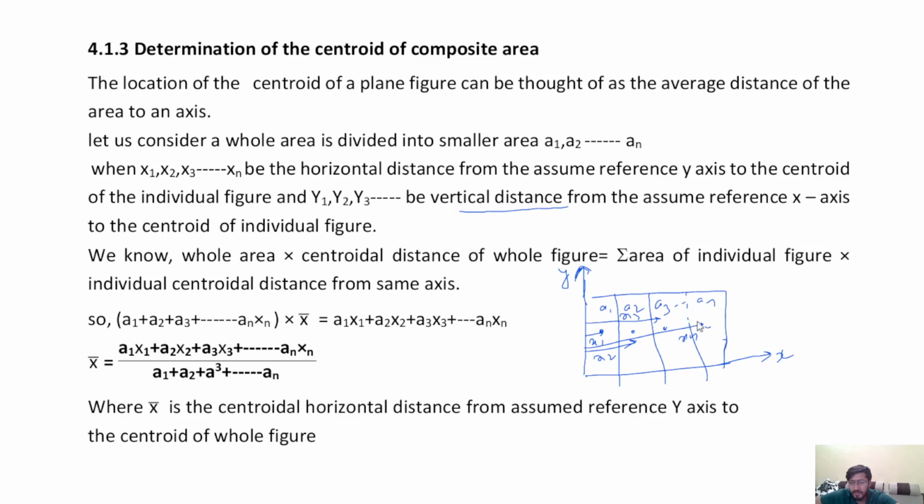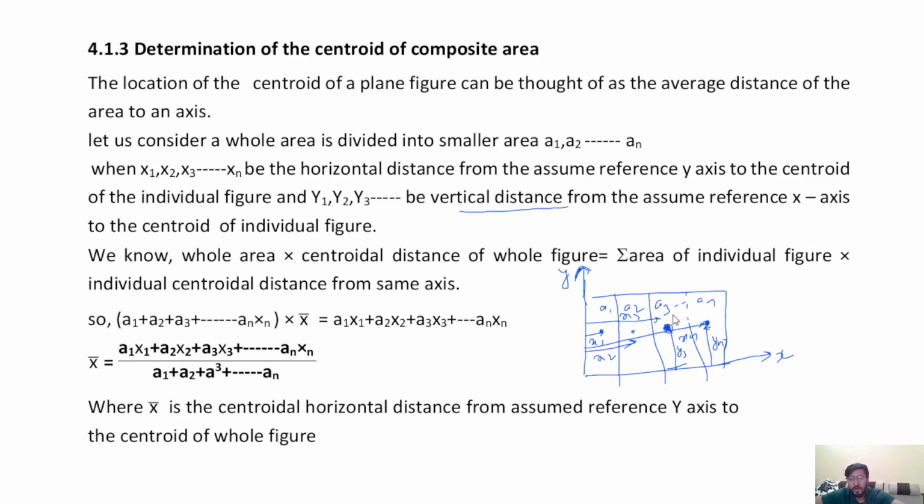If the last figure has its centroid at centroidal distances xn and yn from the y-axis and x-axis respectively. So if the third figure has the centroid at this point, y3 is the distance from the x-axis to the centroid of the third figure.